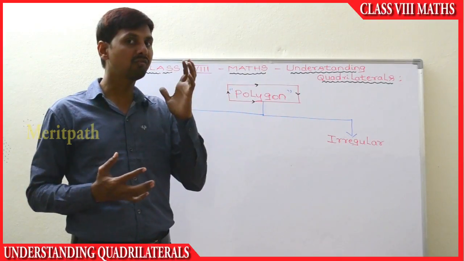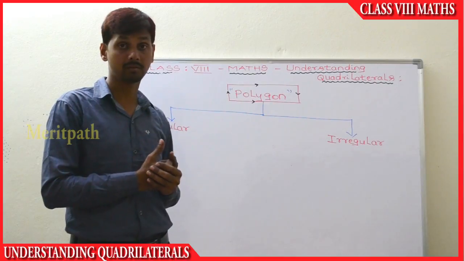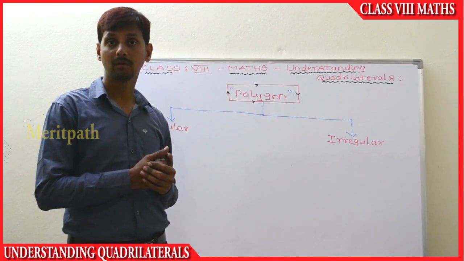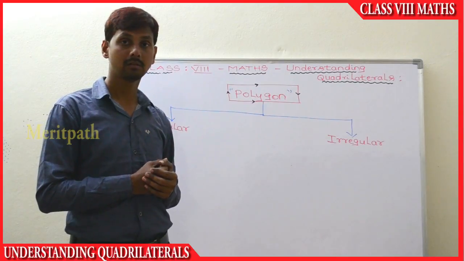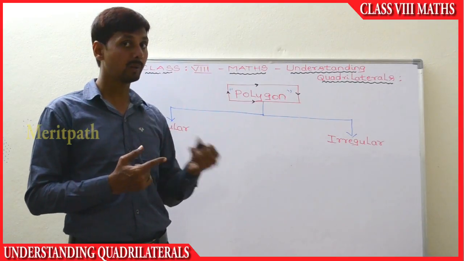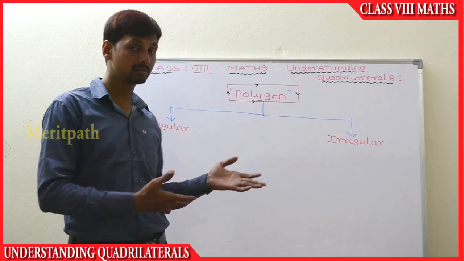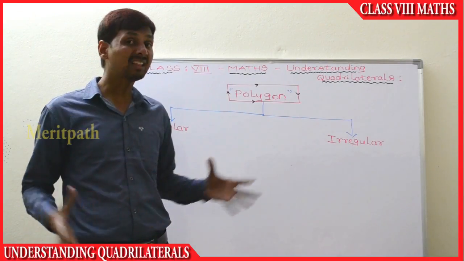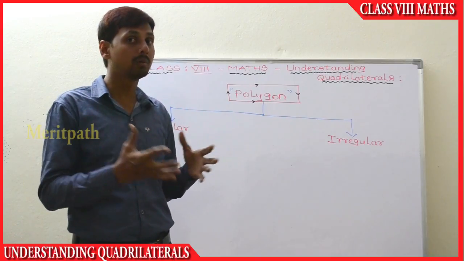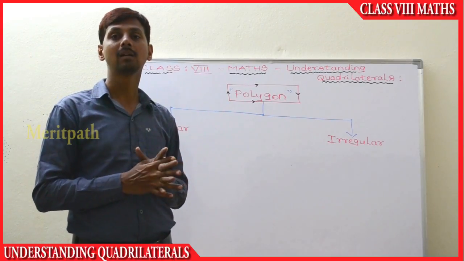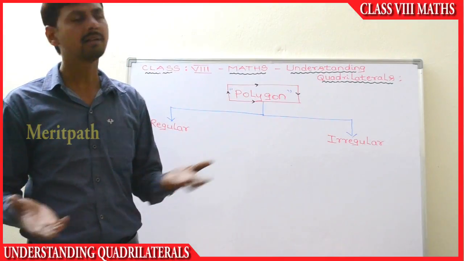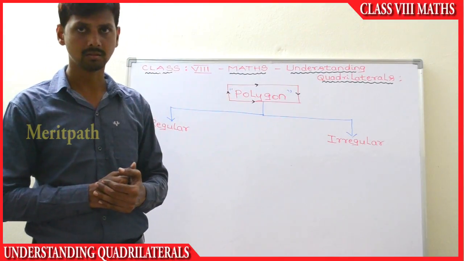This kind of diagram is called a regular polygon, for example square and rhombus. So what we understood from this is, if all the sides of the polygon are equal, then we call it a regular polygon. If they are different, then we call it irregular.